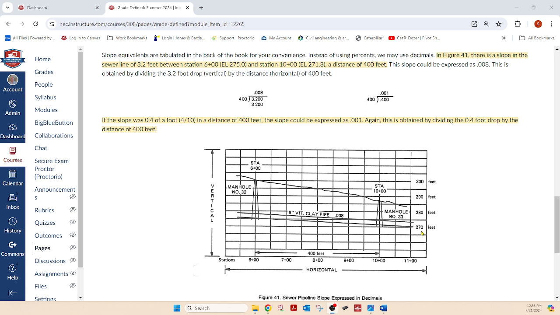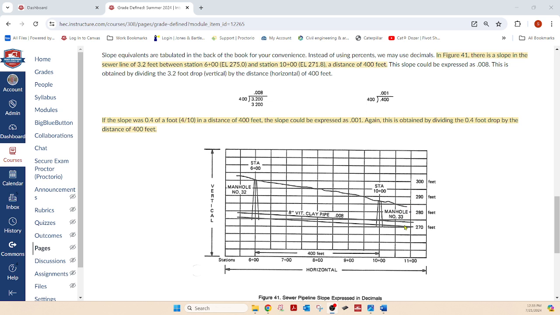Let's make sure, I'm jumping ahead here. This is 270 feet right here. This is 280 feet. So these are 10 feet apart.